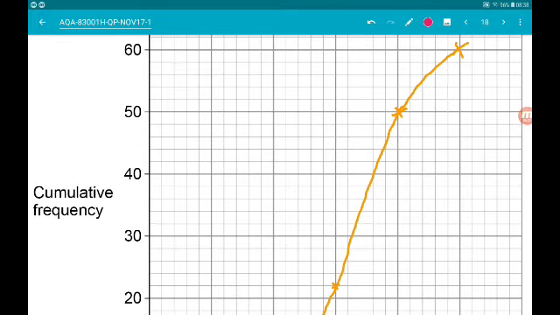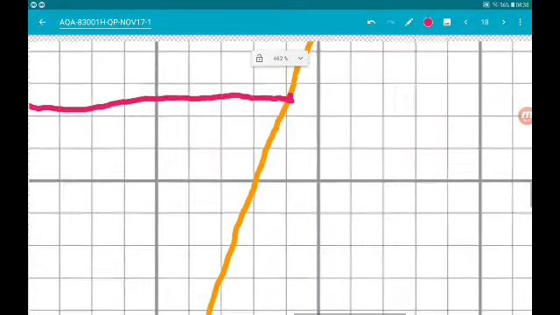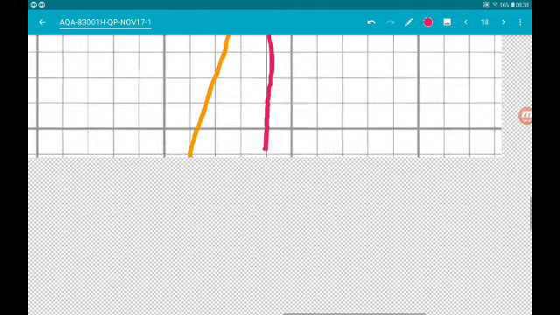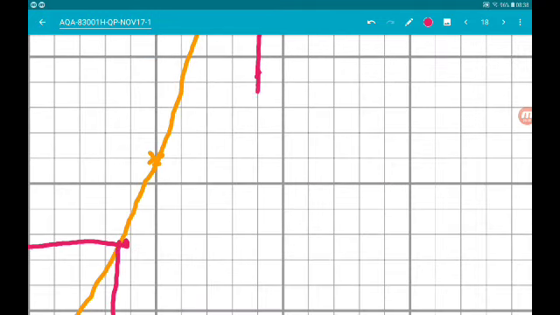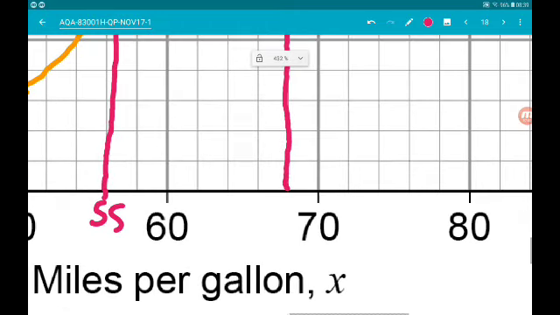So we're going across from here and then again we go down. So okay, so I make my upper quartile to be 68.